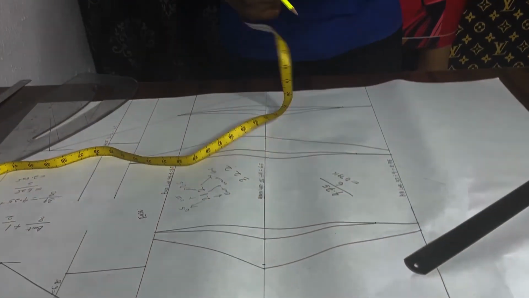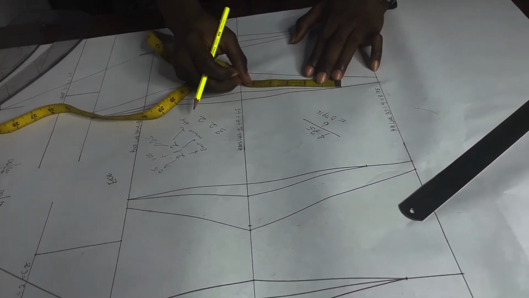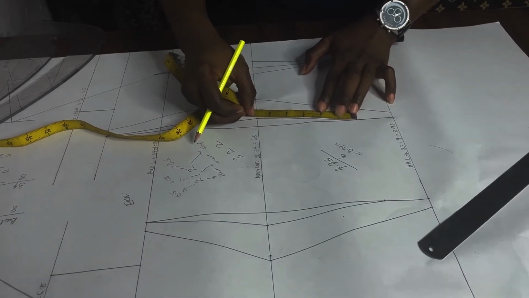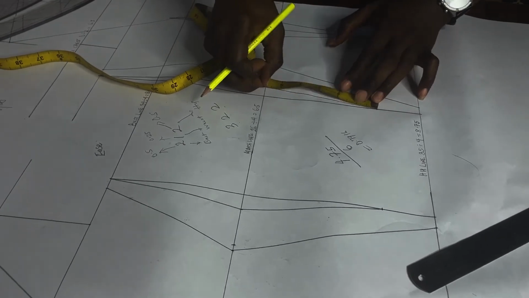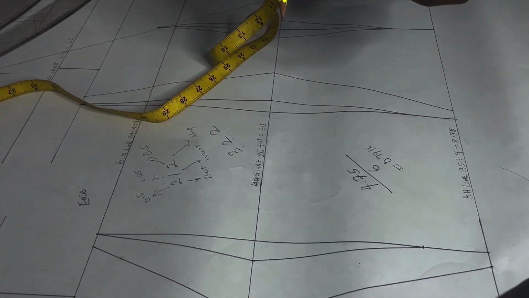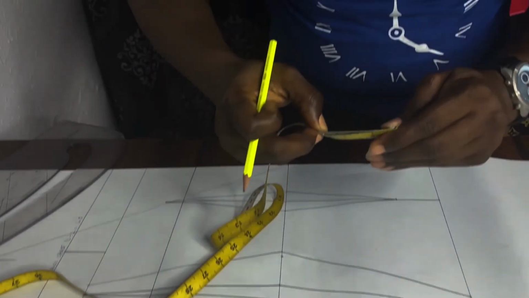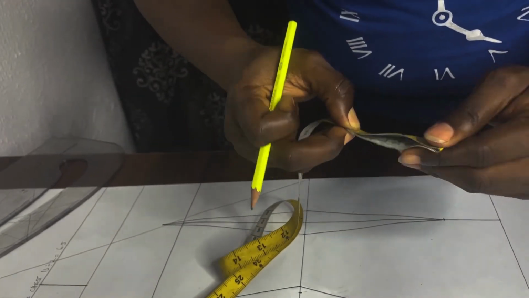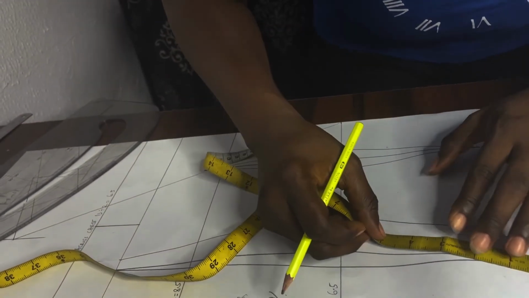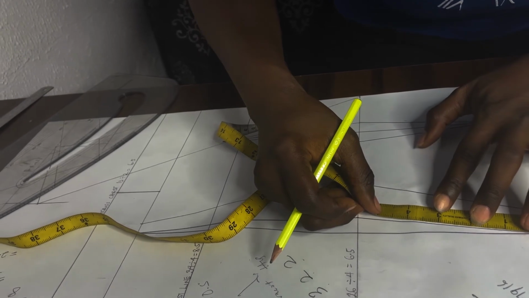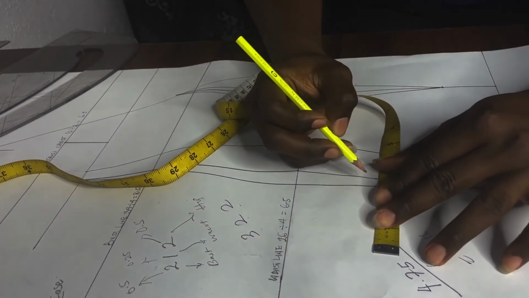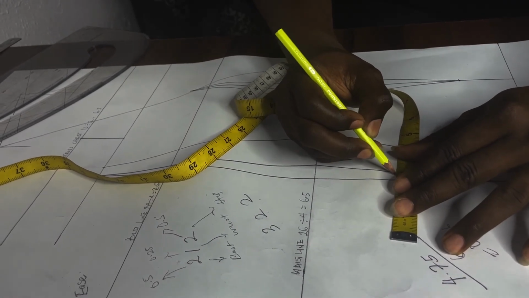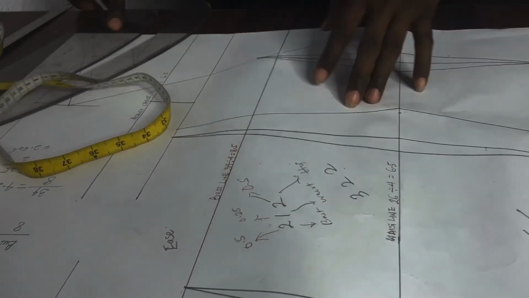The human hip is not straight actually. So what we'll do from here to this point is that we just measure, and whatever it gives us, we'll just divide this into 2, looking for the midpoint of the line. When you get the midpoint, you just come out by 1/8 of an inch.